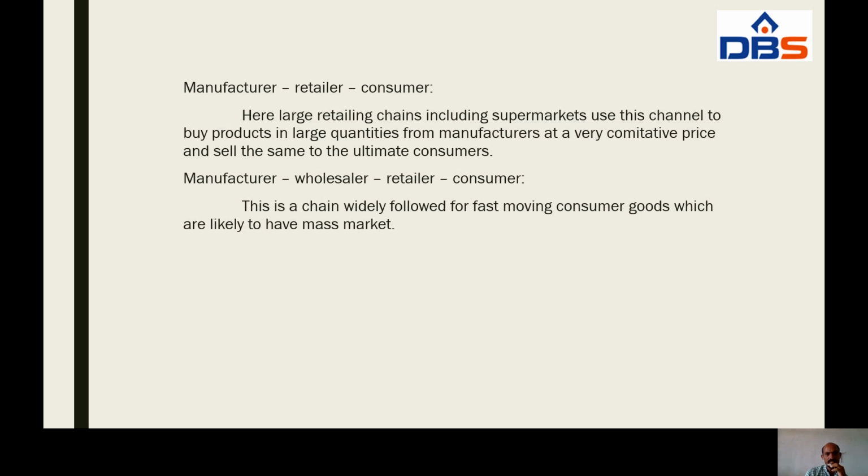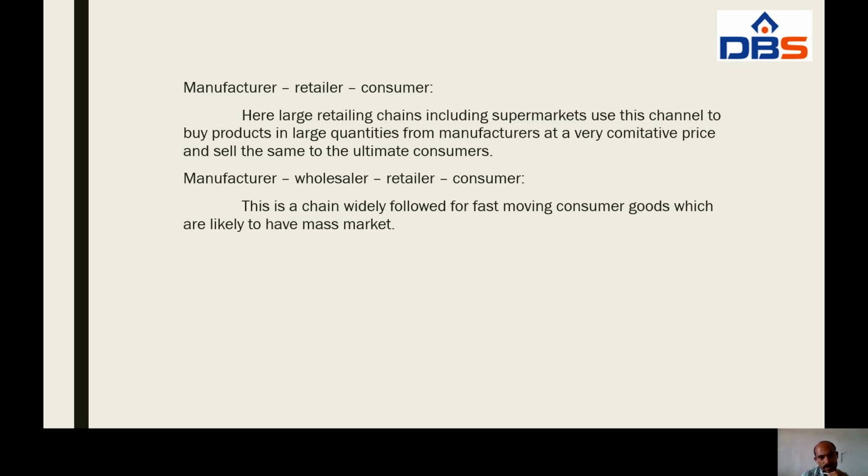Here, large retailing chains including supermarkets use this channel to buy products in large quantities from manufacturers at a very competitive price and sell the same to the ultimate consumers. This is another way of channels of distribution.